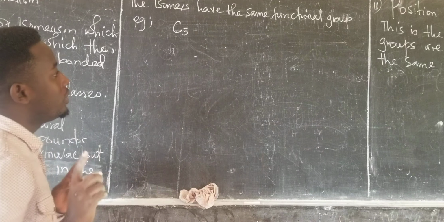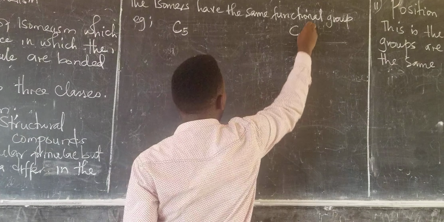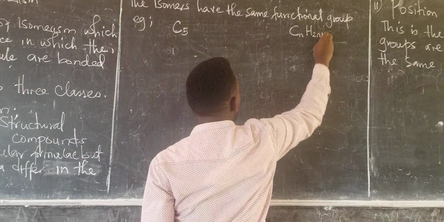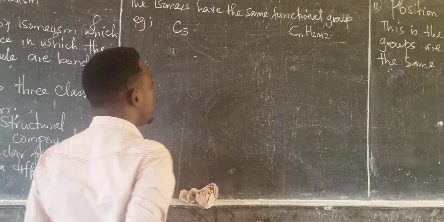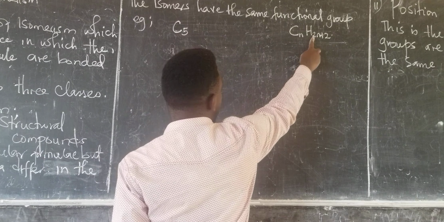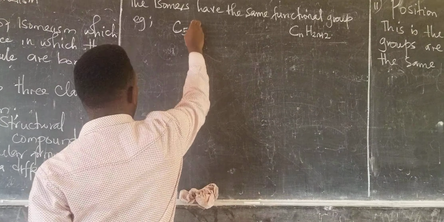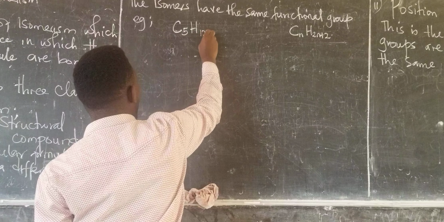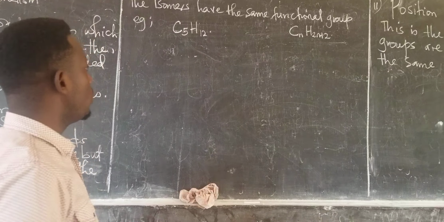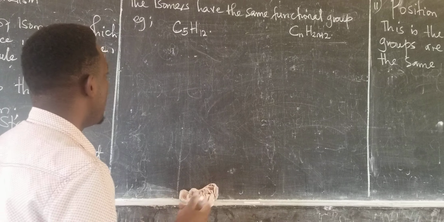Remember, we are using alkanes, and we say the alkanes are of general formula CnH2n+2. So I'm using n as 5, so that will be C5. This will be 2 times 5, that is 10, plus 2, that is 12. So it will be H12. So I want to look at different isomers that can come from this molecular formula.